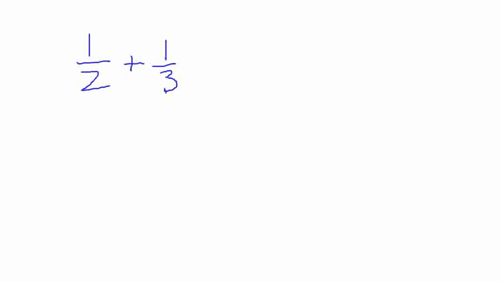We're not allowed to add the numerators to get an easy answer if the bottoms are not the same. What you have to do is convert both fractions to different ones such that the new fractions agree on the denominator. So in this example, I would rewrite the 1/2 as 3/6, and I'd rewrite the 1/3 as 2/6, and lo and behold, now I can add them.